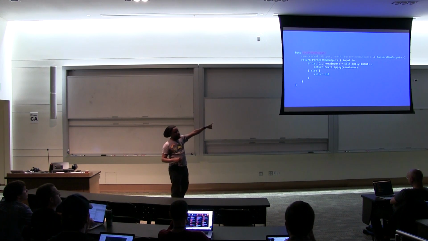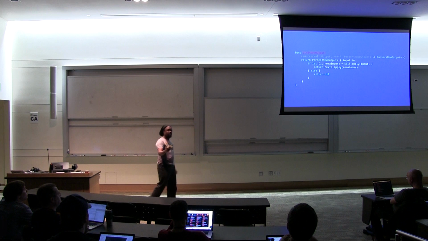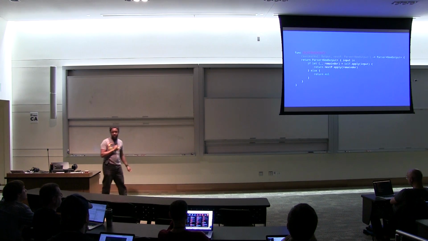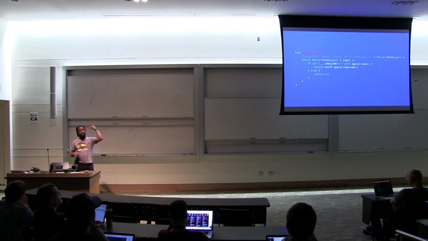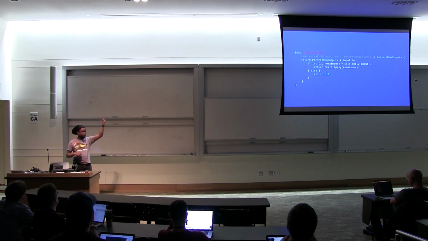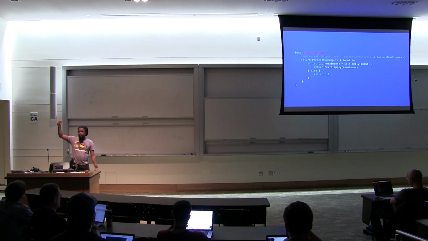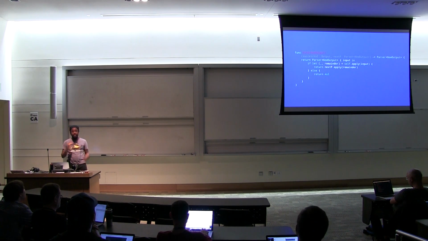The bind method, I'm just going to talk about it at a high level quickly because we're running low on time now. What it does is it says, if the first parser that you have handed me succeeds in parsing the string, I will pass its output to the second one, and whether or not it succeeds or fails, that's what I return. Okay, I'm going to give you a new parser that will do that.